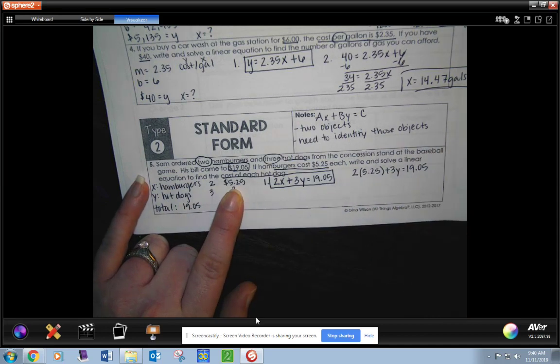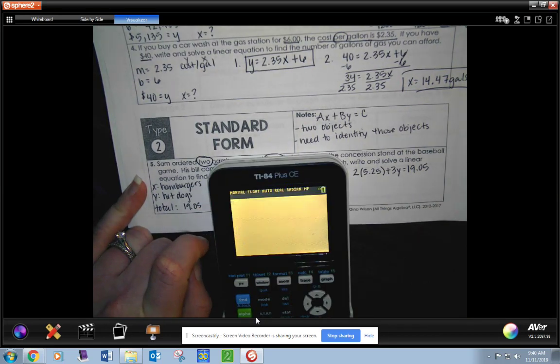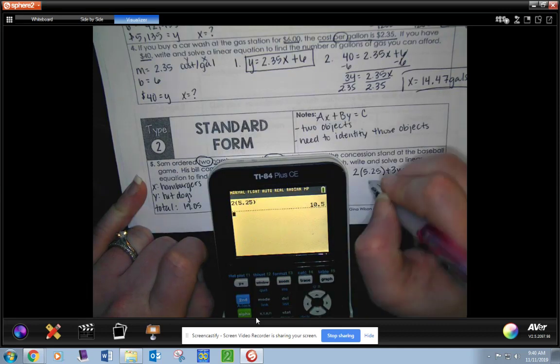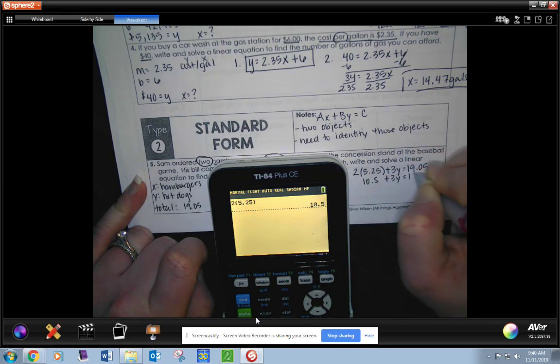And now I'm just going to solve for Y so I know the cost of the hot dog. So 2 times 5.25 is 10.50 plus 3Y equals 19.05.